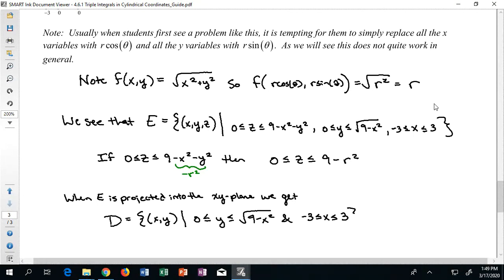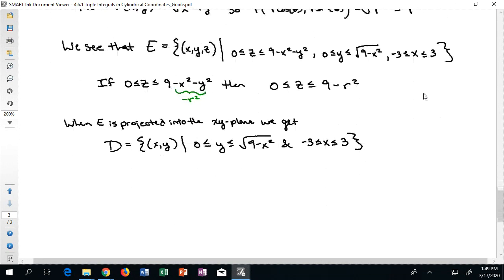I'm just copying all of this from what we had before. But if I try to draw this region, I'm going to notice something. Notice the shape of this region, and then I'll figure out how to turn that into polar. So if x goes from -3 to 3, but y only goes from 0 up to this square root thing, any idea what this blue underlined portion could possibly be representing?